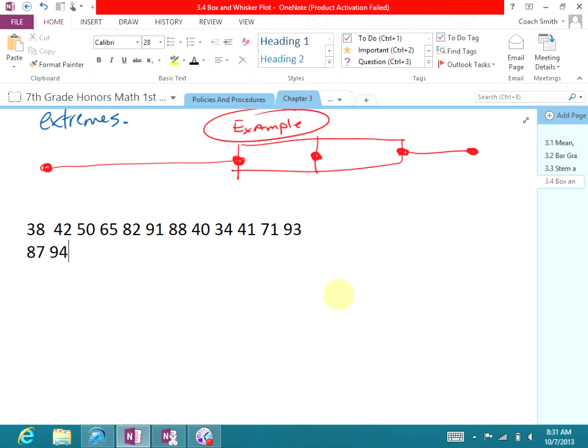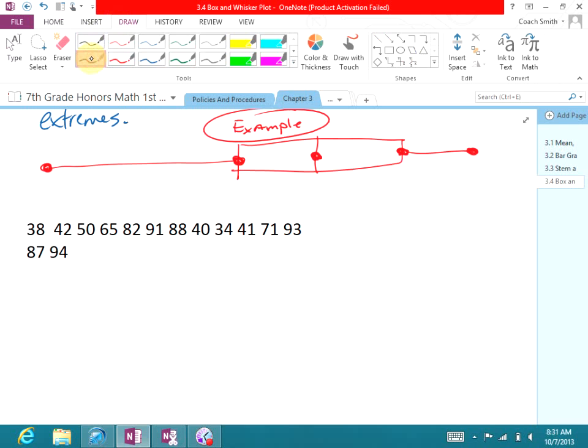All right, so first things first, I have to put these numbers in order. Okay? So, what is the smallest number? I believe 34 would be. 34. Okay, then I think it's 38. Then it looks like 40. Then 41. 42. No more 40s. Nope. So we go to 50.